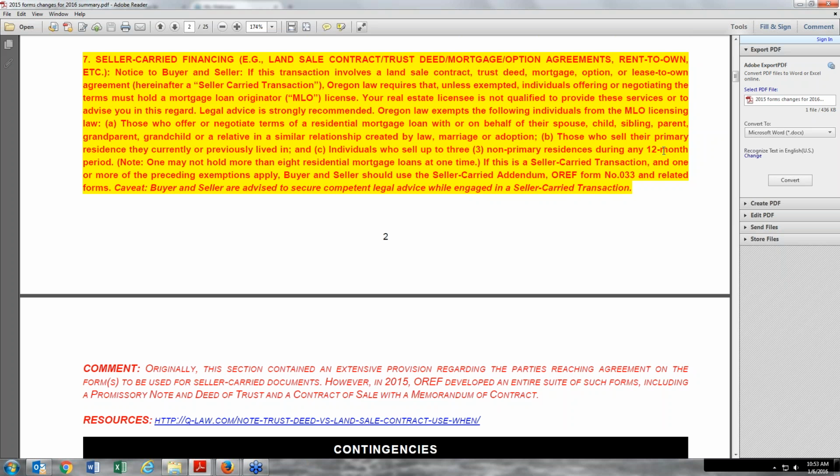So what ended up happening, this is under the Dodd-Frank 2010 law that they're still trying to sort out with administrative rules because they haven't adopted all the rules yet. It's only been 5 years. And so under Dodd-Frank and some other federal laws, essentially there was a law that said that if you offer or negotiate a loan, you have to be licensed as a mortgage loan originator.